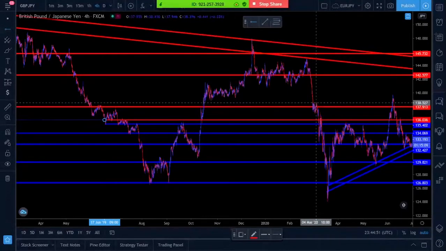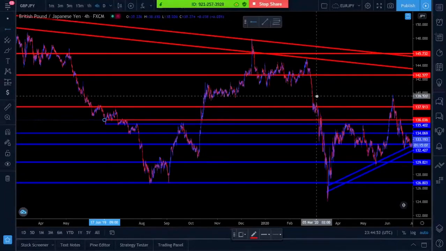And like I said, it did. So I could place it right here. Resistance, resistance. This is resistance based off these candles.